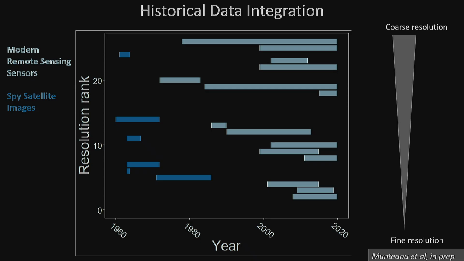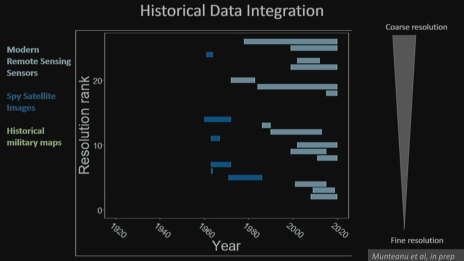There are different satellite sensors that have collected this data. The data has been declassified for several decades now, and I think it holds a lot of potential for ecological research. It allows us to expand the time series of remotely sensed data globally as far back as the 1950s and 60s.